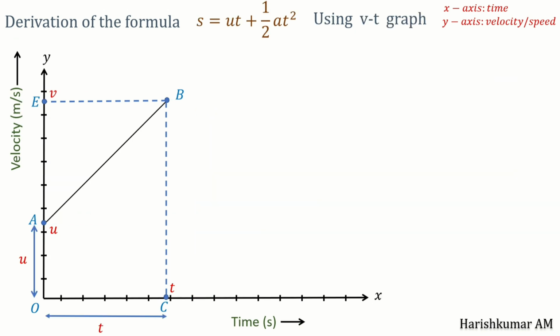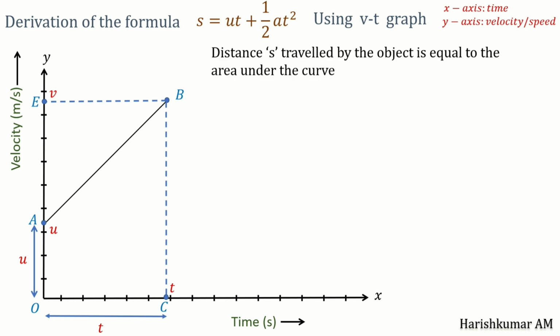Let us derive the equation s is equal to ut plus half at square. Here we are going to consider the same situation which we considered in the first equation of motion. Here the area under the curve is represented by the distance traveled by an object. So here the area under the curve is nothing but a trapezium.